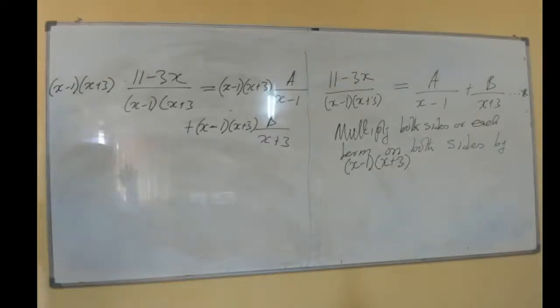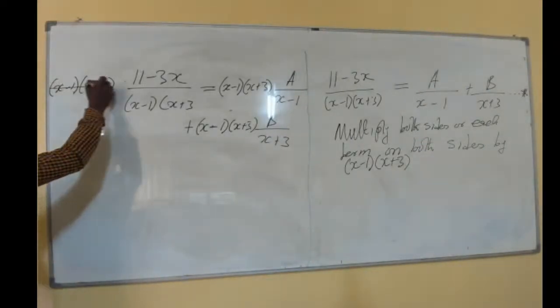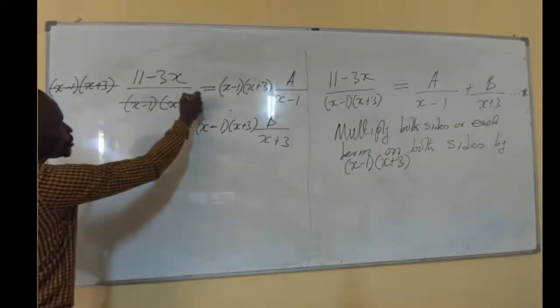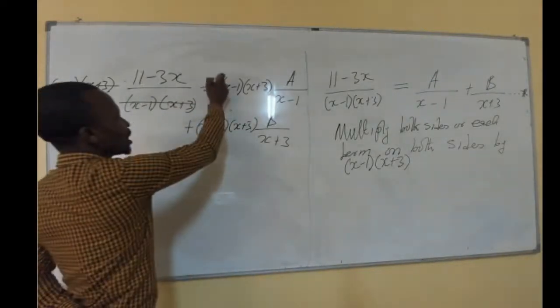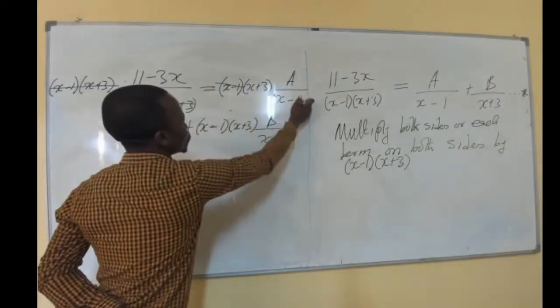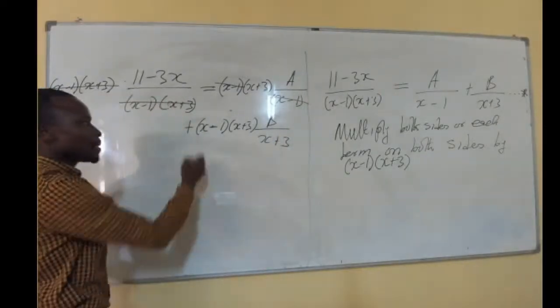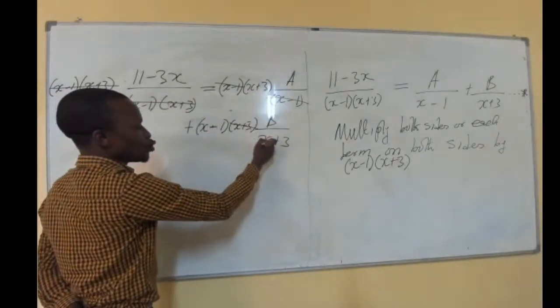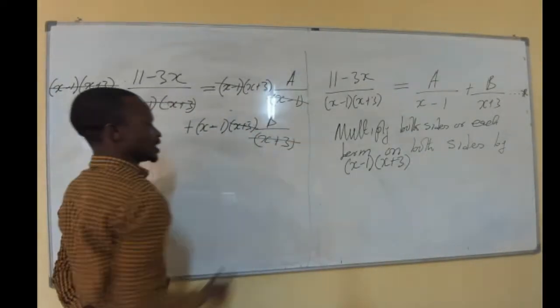Now, if you look at this new expression, you see this product will cancel with that product. Also, the x minus 1 will cancel with the x minus 1 in the denominator, and the x plus 3 will cancel with the x plus 3 in the denominator.